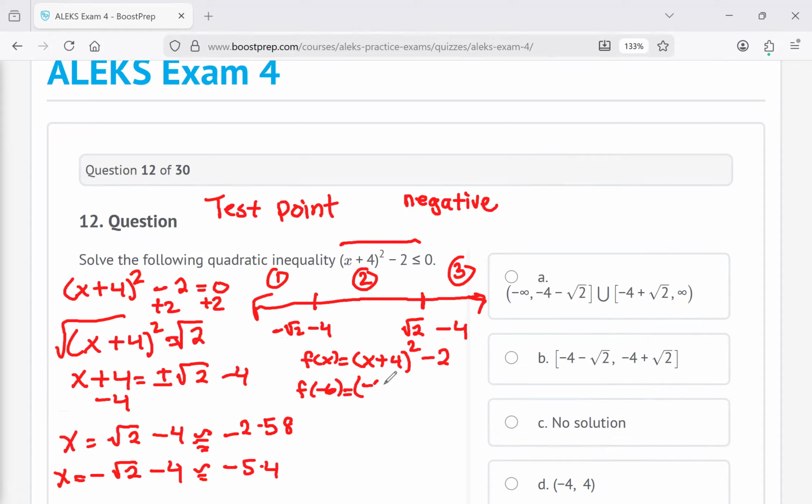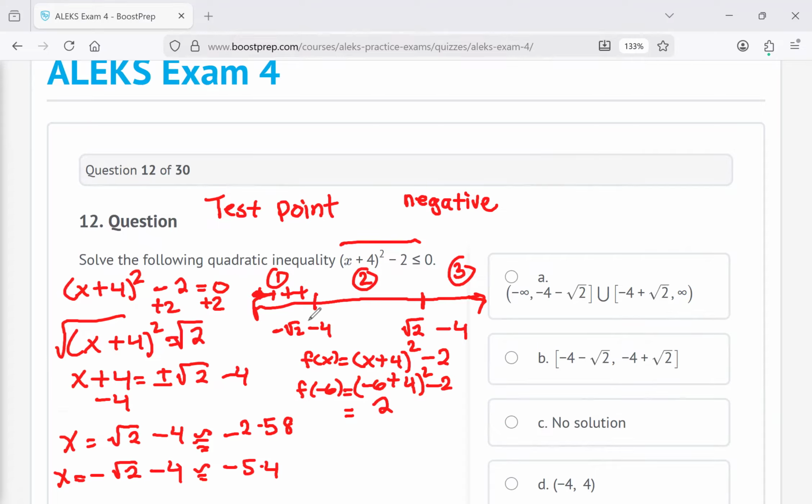So we're plugging negative 6 back here, and when you put it in, it spits out 2. Now I don't care about the number, I only care about the sign. Since 2 is positive, you're going to put a plus. Okay, I only care about the sign.